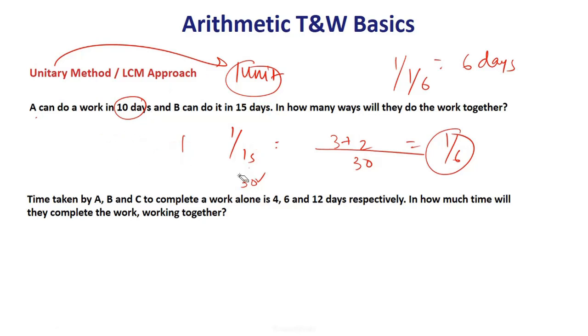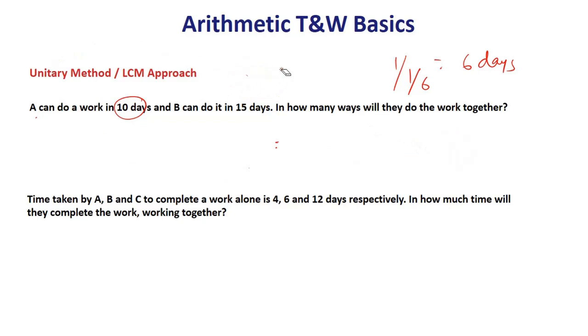Now LCM method, what does LCM method say? Let's see. Instead of taking 1 unit work, LCM method says that 10 and 15, the LCM is 30. So let's say the work is 30 units. In that case, 10 days here. So how much work in a day? 3 units per day. And for B, it will be 2 units per day.